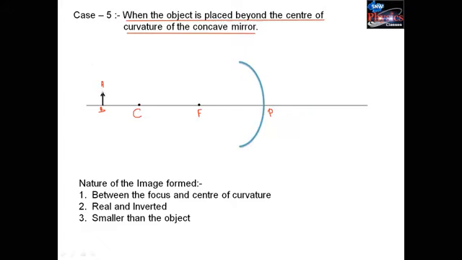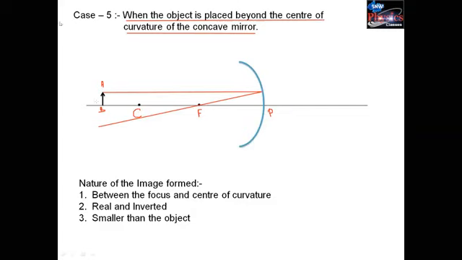Again we will follow the same rule, that is, when the ray of light goes parallel to the principal axis, it passes through the focus after reflection. Our first rule says we have to take a ray of light parallel to the principal axis, and after reflection it will pass through the focus.